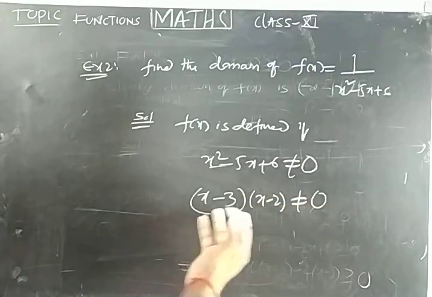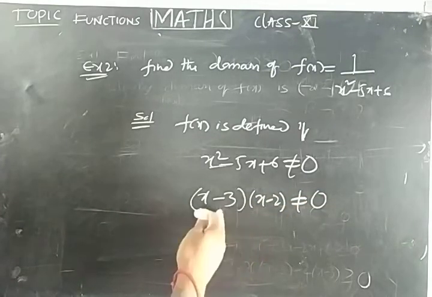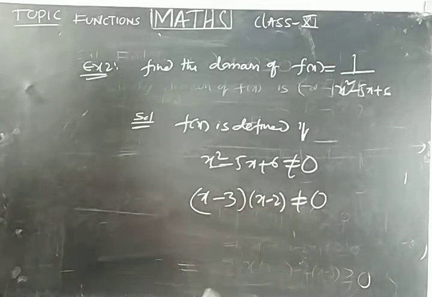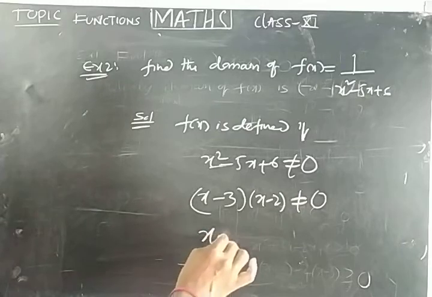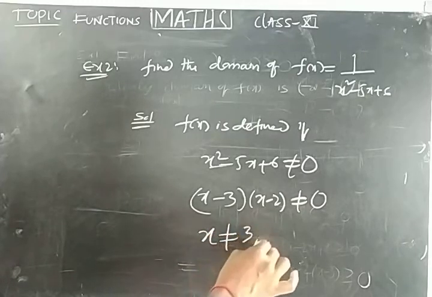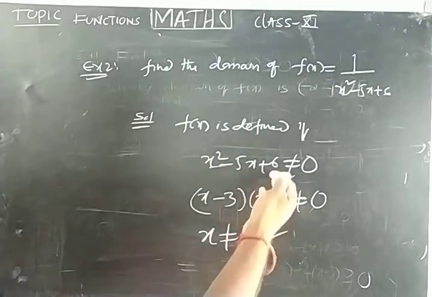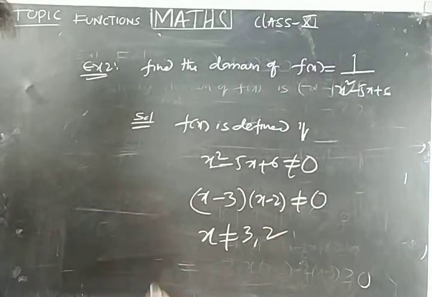So when will this expression be 0? If x equals 3 this will be 0, or if x equals 2 this will be 0. But we should not get 0, that means we should not take x values 3 and 2. Any other real value you can take, and you will get not equal to 0. If it is not equal to 0, then the function is defined. So what is the domain?